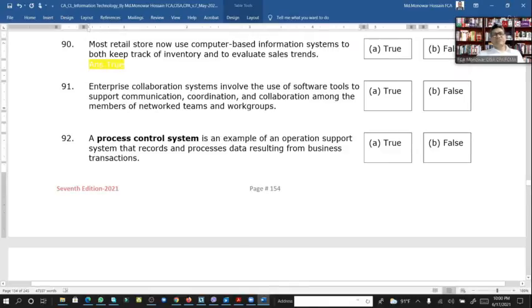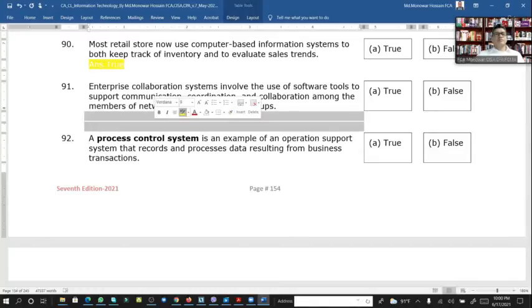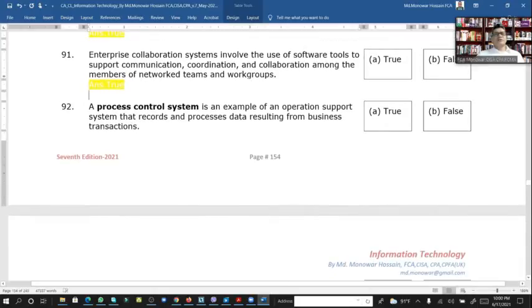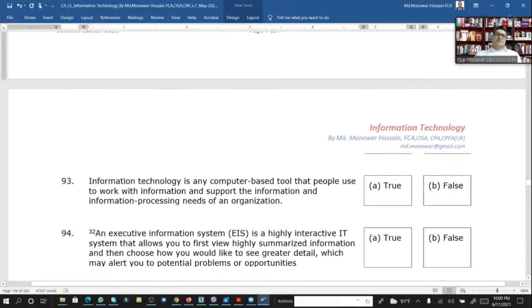Enterprise collaboration systems involve the use of software tools to support communication, coordination, and collaboration among the members of networks, teams, and workgroups. Also true. A process control system is an example of an operation support system that records the process data resulting from business transactions.